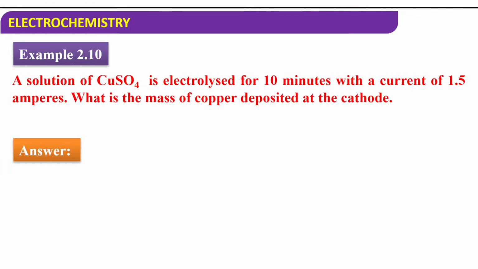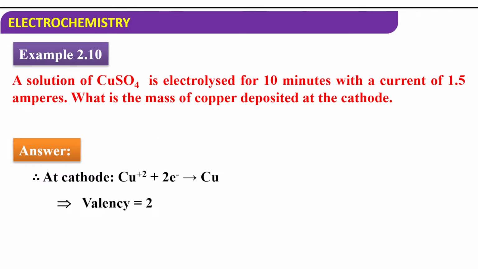Copper. In copper sulfate, you have Cu2+ and SO4 2-. So in Cu2+, how many electrons will it gain? Obviously, to get copper, it gains 2 electrons.